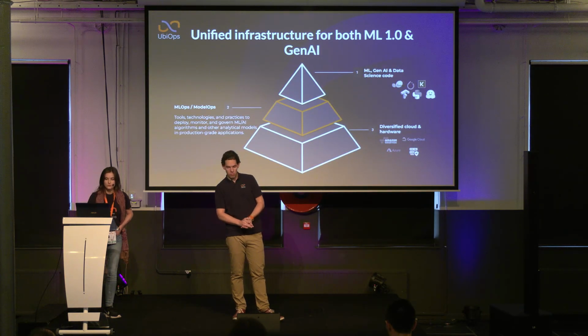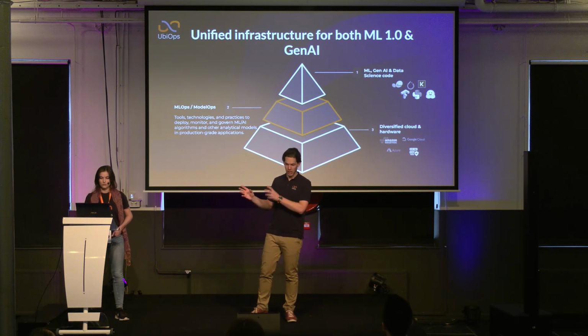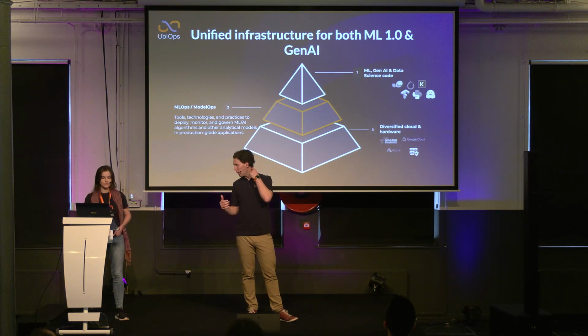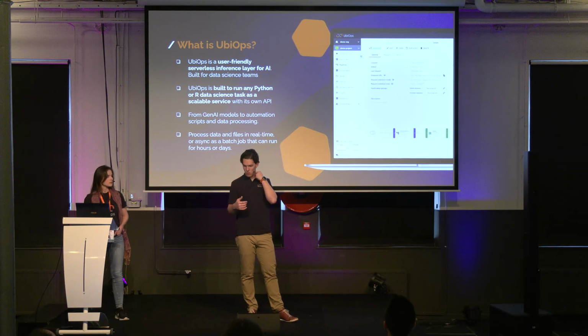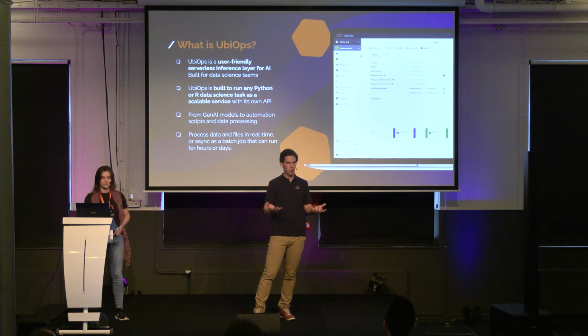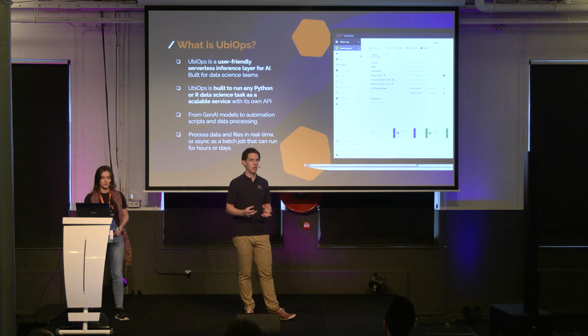Right, so at UbiOps, we focus on a space called model ops and MLOps, so we sit between the data science code and the pre-trained models and your cloud infrastructure. We focus on providing you with an AI infrastructure for serving and hosting machine learning models of all different shapes and sizes, and make sure they run scalably in the cloud or across hybrid or multi-cloud environments.